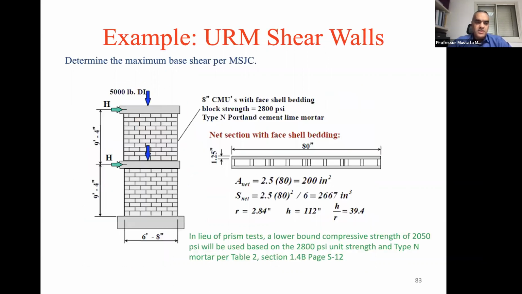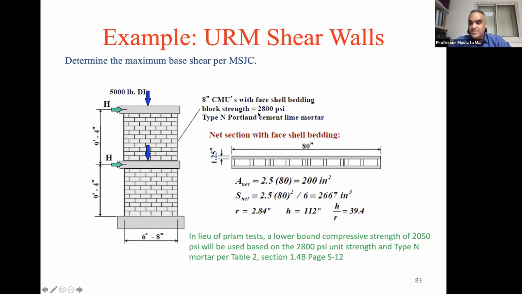So this is a simple example that gives you an idea with numbers of what we have. This is 6 foot 8 inches. The height is 9 feet 4 inches. The H forces are shown here, and then the axial force is 5,000 pounds. That's a dead load. It's an 8-inch CMU wall with face shell bedding block.